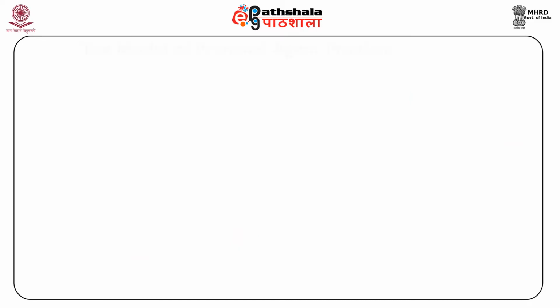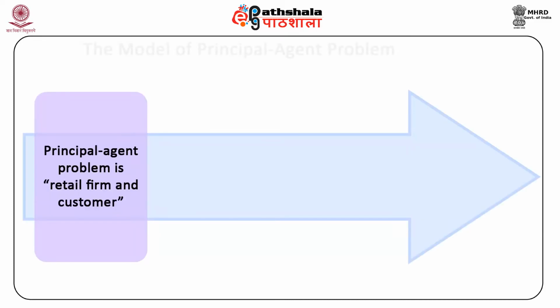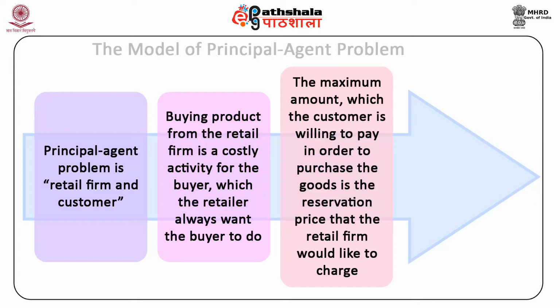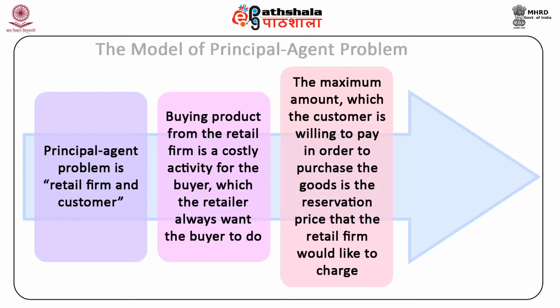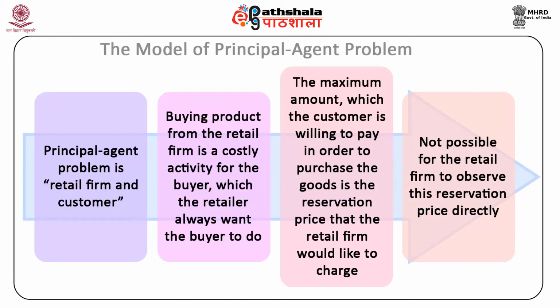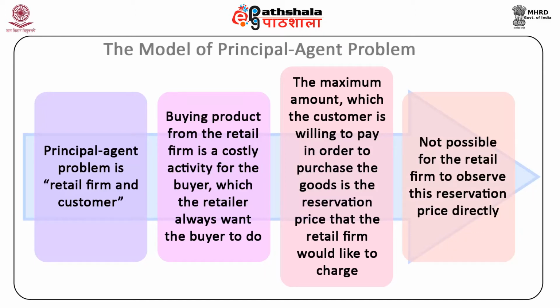Another example of the principal agent problem is a retail firm and a customer. Buying a product from the retail firm is a costly activity for the buyer, which the retailer always wants the buyer to do. The maximum amount which the customer is willing to pay in order to purchase the goods is the reservation price that the retail firm would like to charge. It is not possible for the retail firm to observe this reservation price directly.